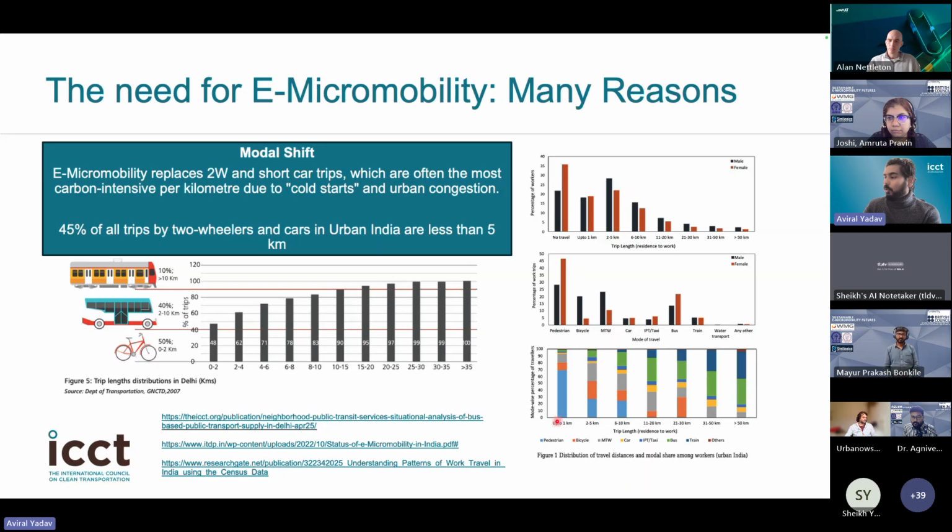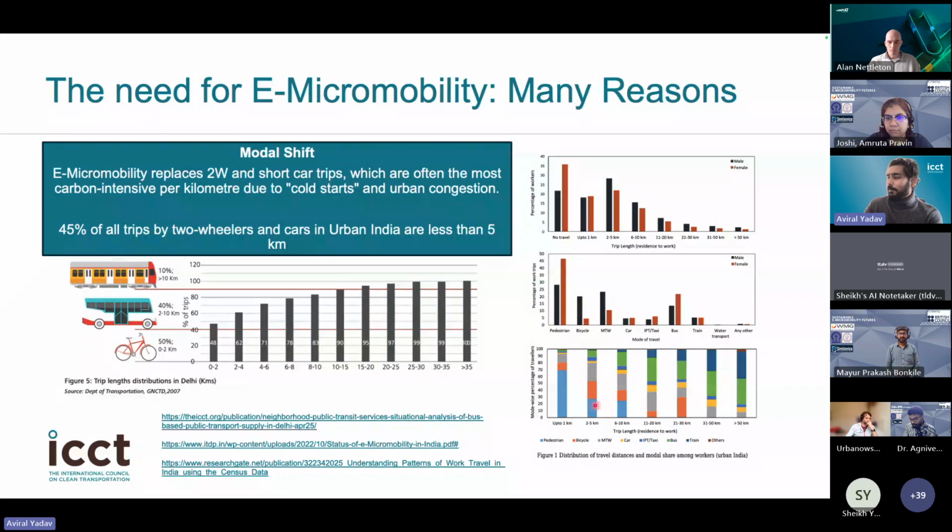Now, if we talk about modal share, the transport that they use: up to 1 kilometer, it's common sense that most people walk, some use bicycles, and then some use motorcycles. Again, we ideally would not want motorcycles to be used for such short distances.